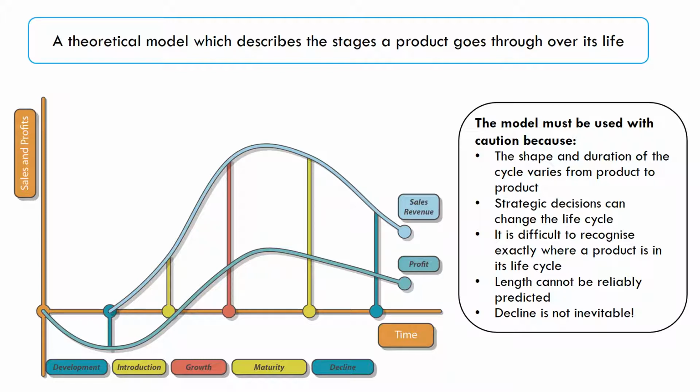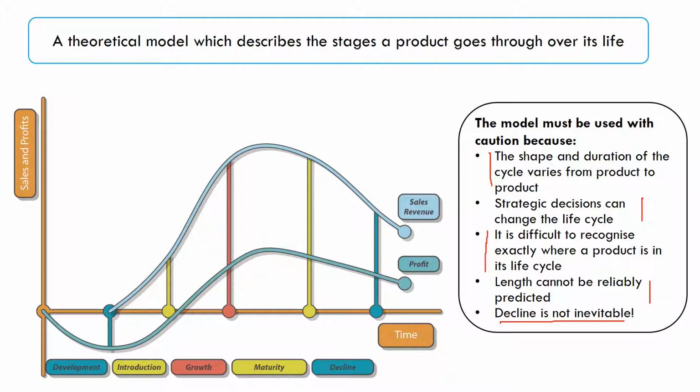Now, it is potentially quite difficult sometimes to use this model because we don't necessarily know the exact shape and duration of the cycle from product to product. Decisions we make might change the traditional shape of the life cycle. It's sometimes hard to know exactly where a product is in its life cycle, and the length of each stage cannot be reliably predicted, and for some products, decline is not inevitable.